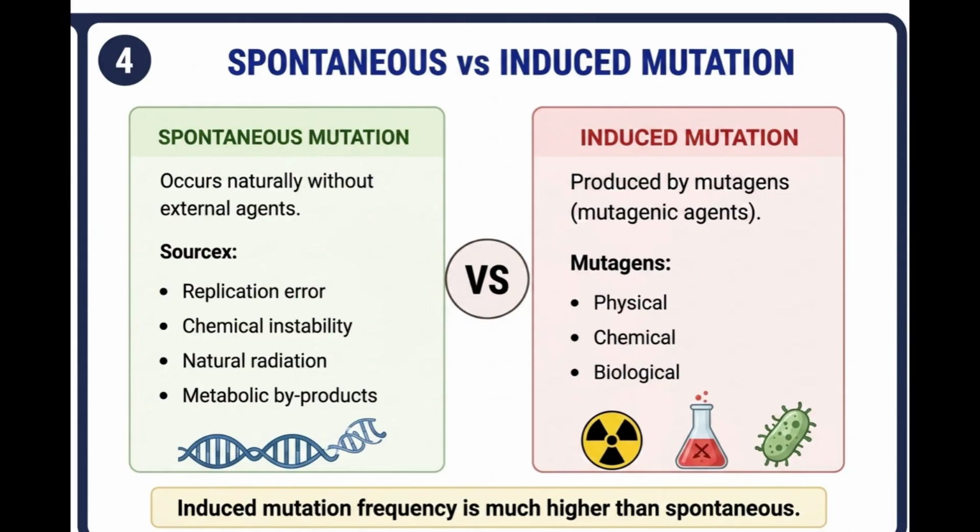Induced mutations are caused by mutagens. Mutagens are agents that increase mutation frequency. Mutagens are classified into physical mutagens, chemical mutagens, and biological mutagens. Induced mutations occur at much higher frequencies than spontaneous mutations.